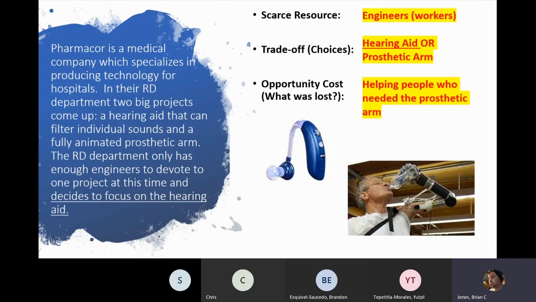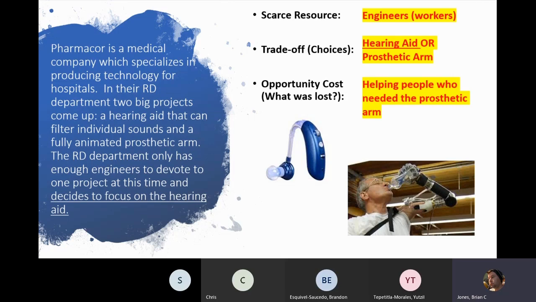So the workers, we don't have enough labor. That's why we can't do both. So we've got to focus what resources we do have. In this case, the workers, the engineers, we got to focus them on one of the projects. So the trade-off involved is the two projects, the hearing aid or the prosthetic arm. And the scenario tells us we are devoting our resources here to that hearing aid, which means we lose the opportunity to develop that prosthetic arm.